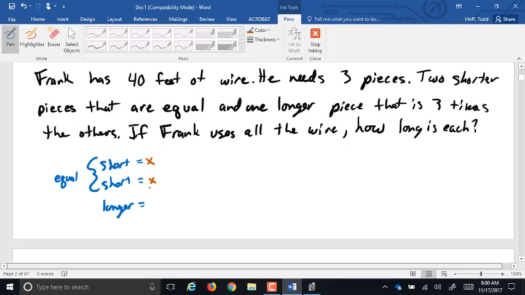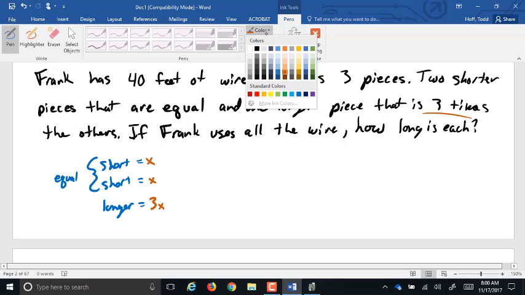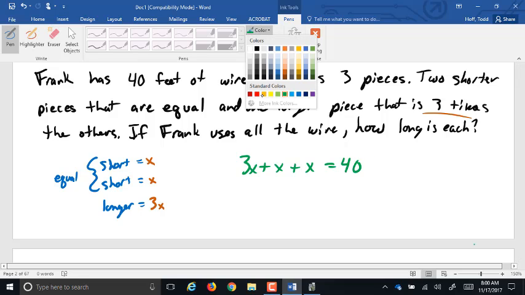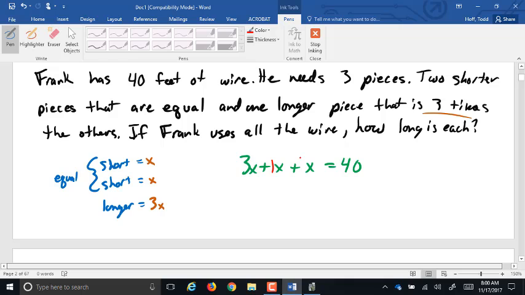So those 2 are equal. If I call one of them x, the other one has to be x because they're equal. And the longer one has to be 3x because it's 3 times, right? Those 3 pieces have to add up to 40 feet.